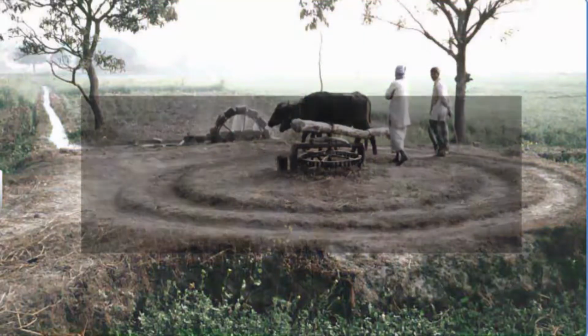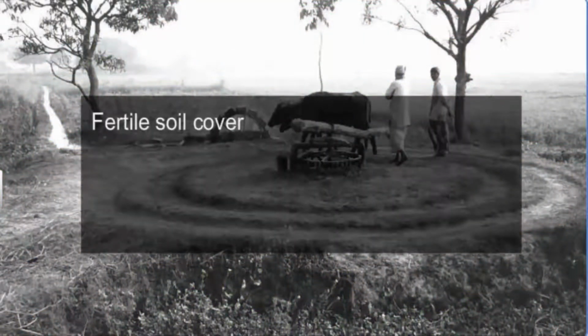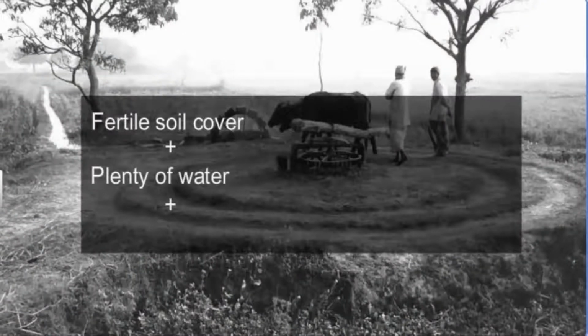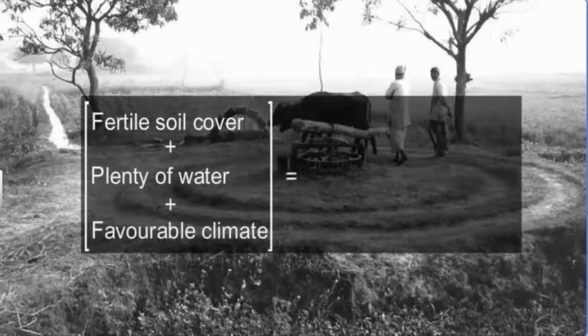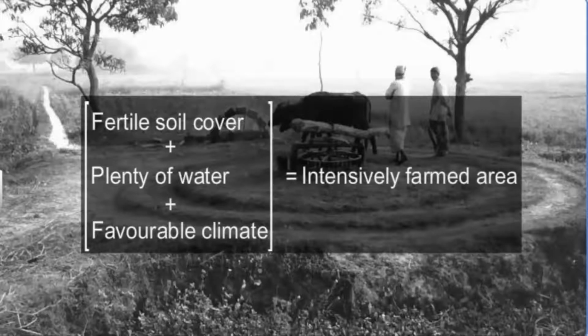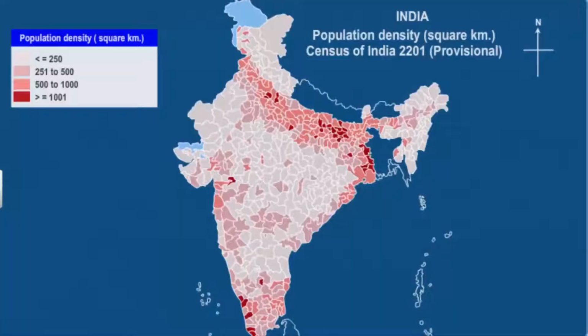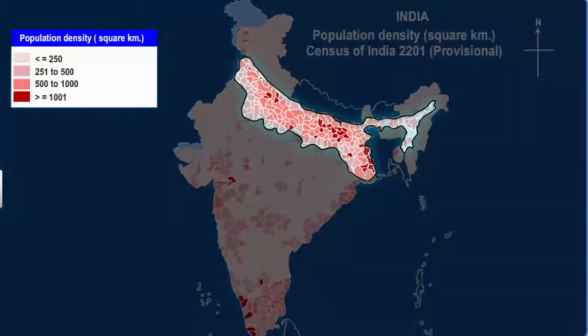Combined with a favorable climate for growing several major crops, the northern plain is one of the world's most intensively farmed areas.